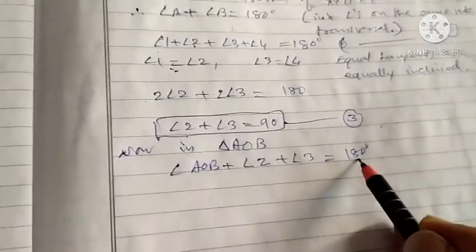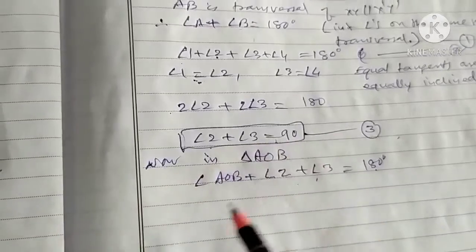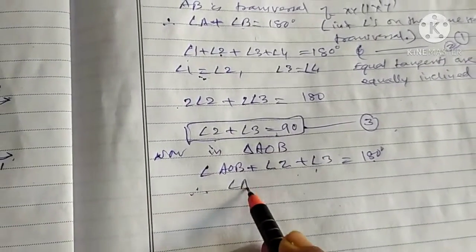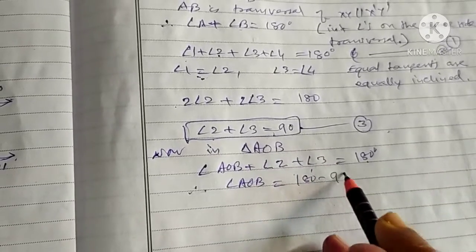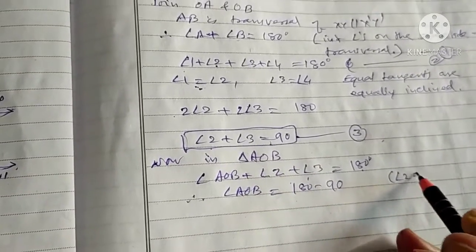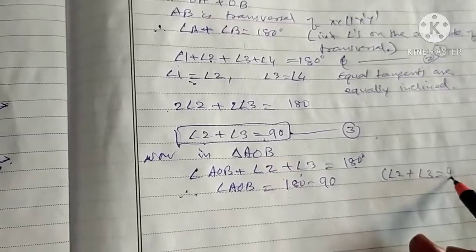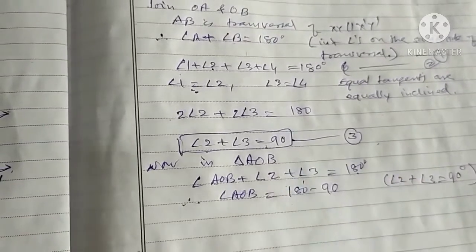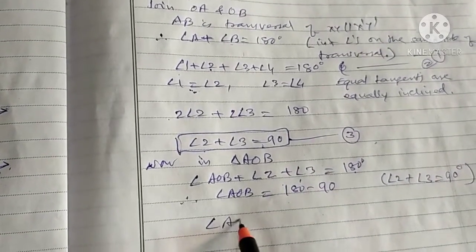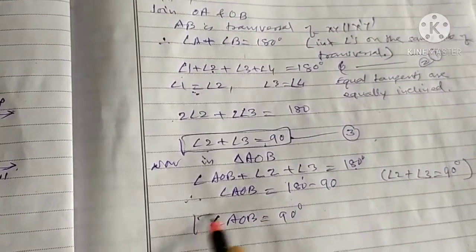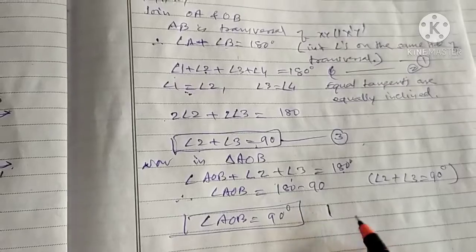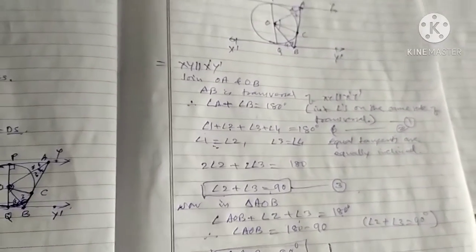Angle sum property. And 2 plus 3 is 90. Therefore, angle AOB equal to 180 minus 90, because angle 2 plus angle 3 equal to 90. We have taken it from the third, and hence angle AOB equal to 90 degrees and proved. Clear? Got it, students?